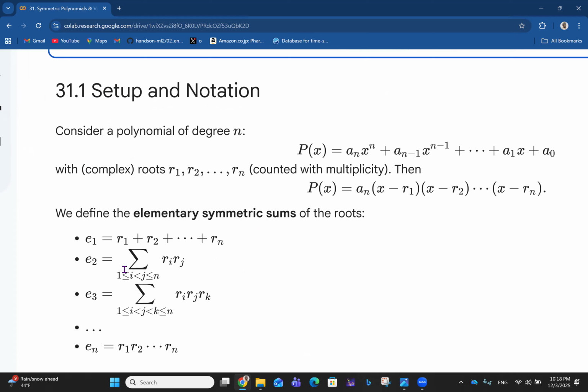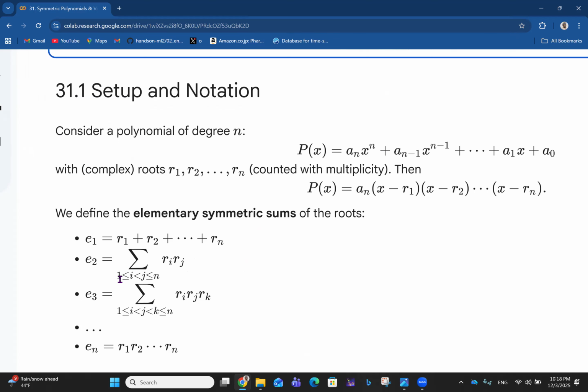Okay, and then for E2, we multiply them in pairs. So we have the summation over i less than j less than or equal to n, of all the possibilities of ri times rj.